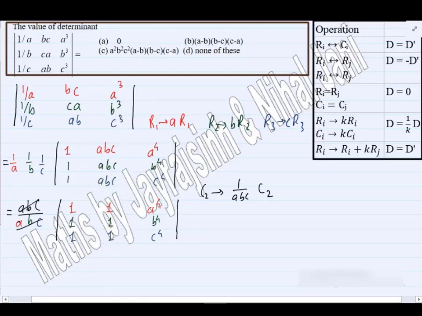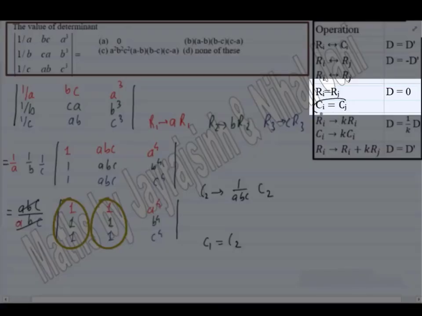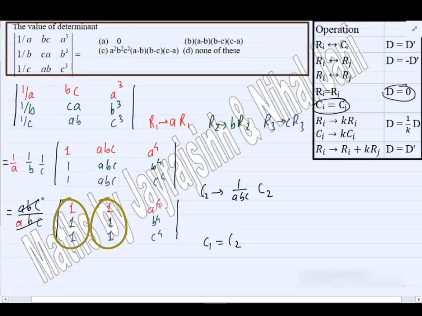This abc cancel out, but as you can see, first column and second column are equal to each other, and whenever two columns or rows are equal to each other, then your determinant is simply 0. So ta-da! Option A is the final answer.